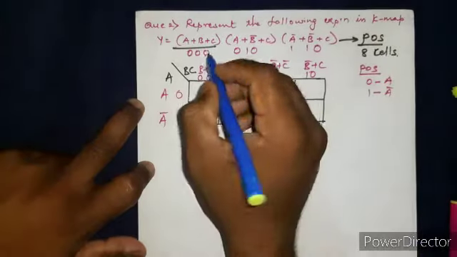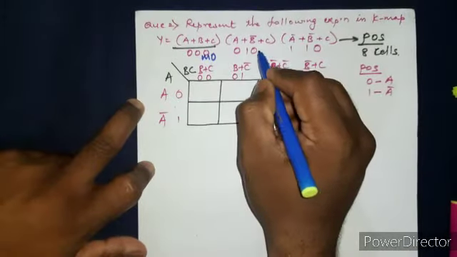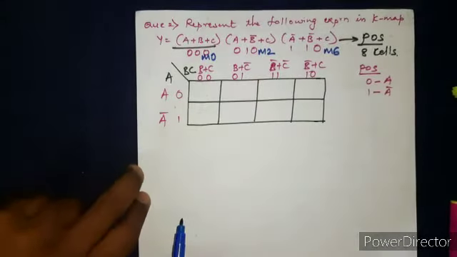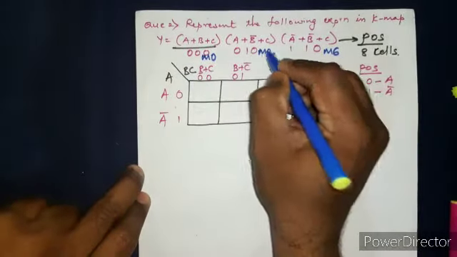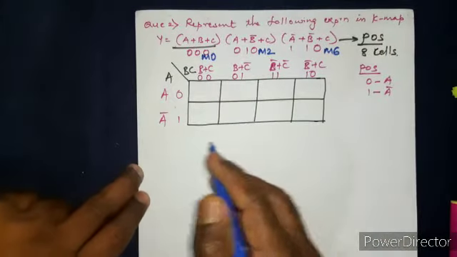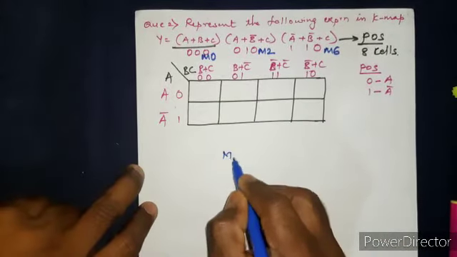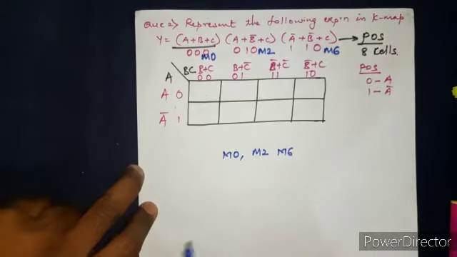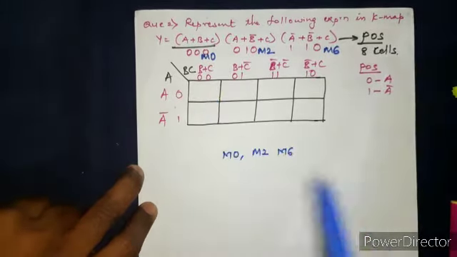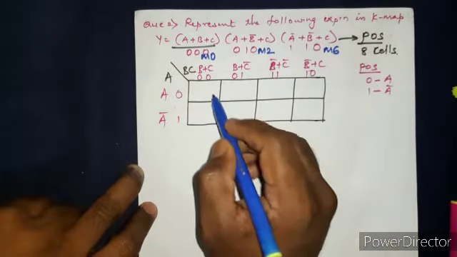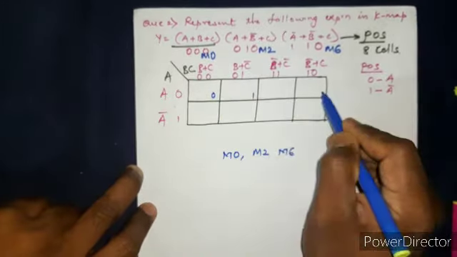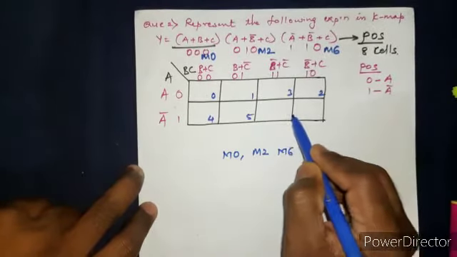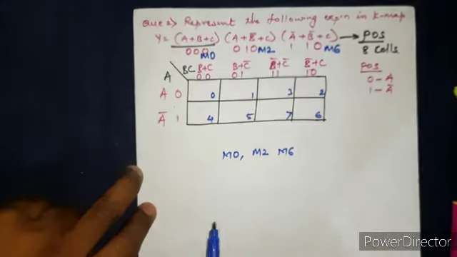So this becomes M0, this is M2, and this is M6, the maxterms. Consider this is capital M. So my equation becomes M0, M2, M6. If you number these cells 0, 1, 2, 3, 4, 5, 6, 7.